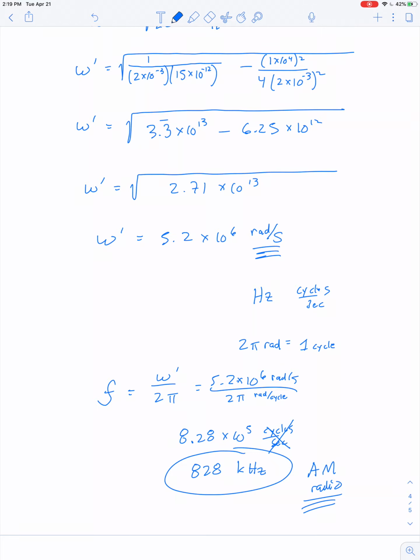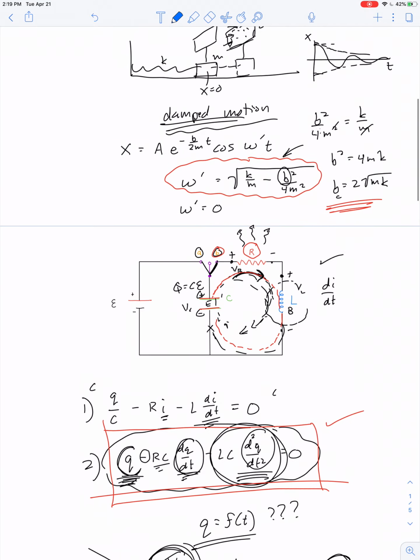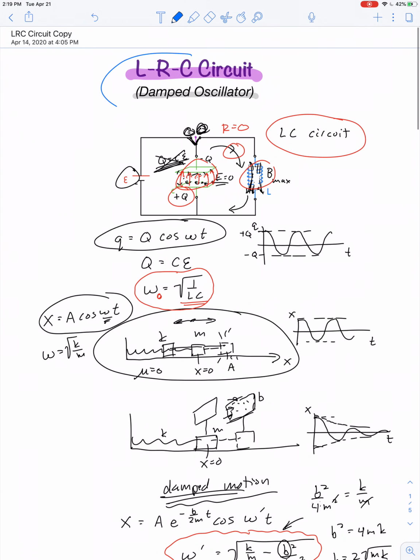Okay, so just an example problem on the LRC circuit.